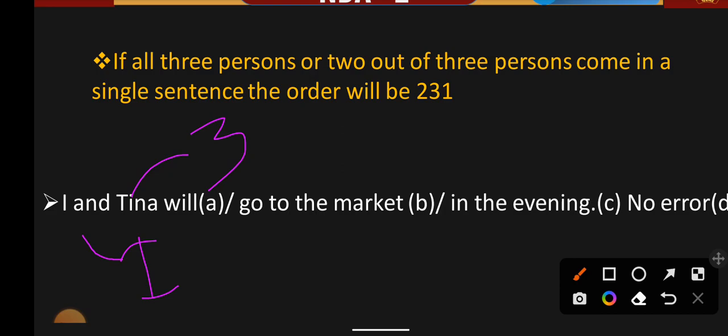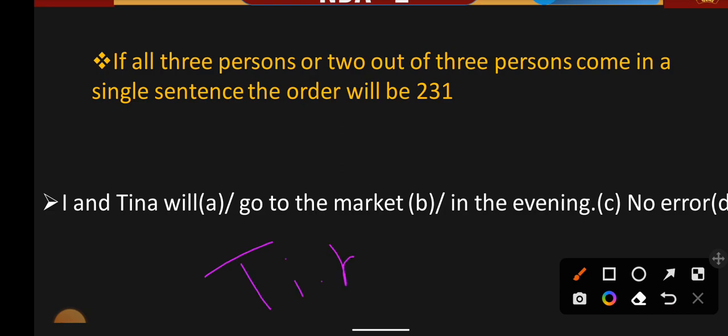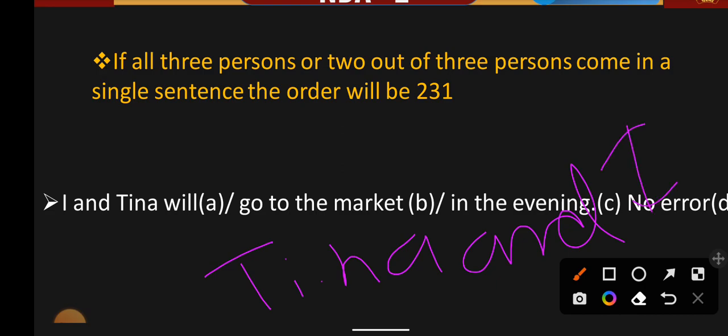Then we have to exchange the places. Tina should be written first and after that I. Tina and I. And the complete sentence will be Tina and I will go to the market in the evening. So where is the error? Error in part A. That's it.